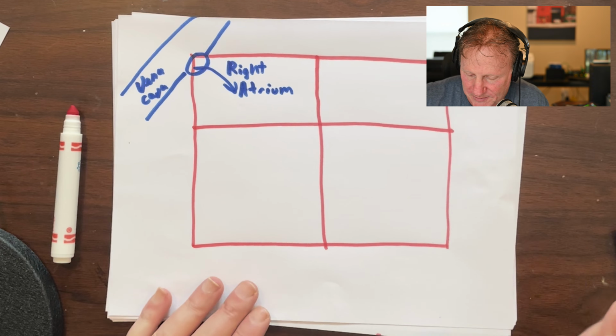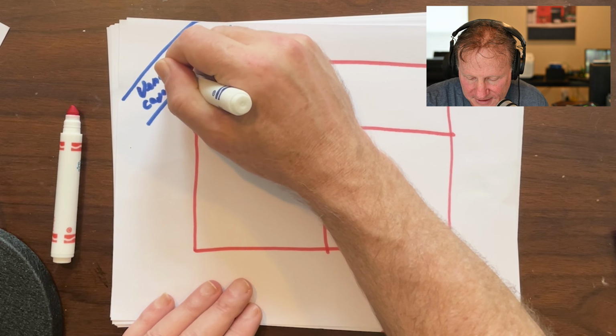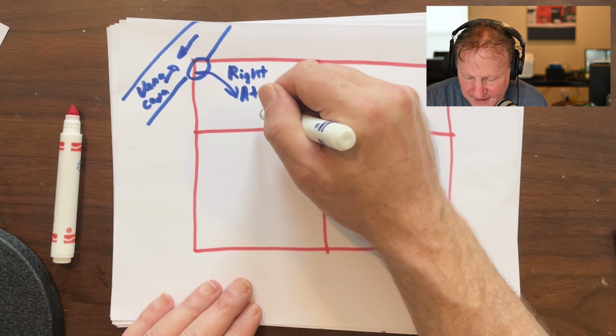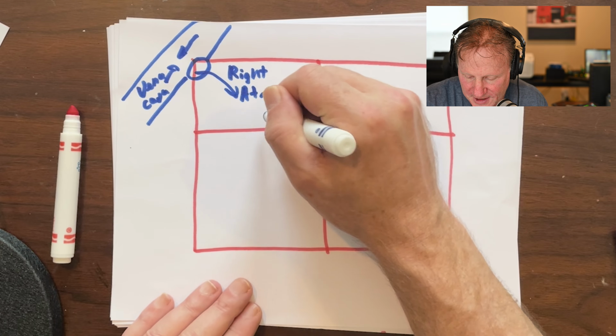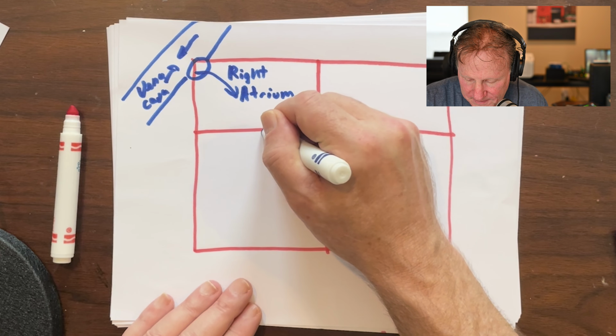Anyways, blood comes from our vein, the vena cava, and dumps right into the right atrium, right over here, and fills it up. And right over here, there's a valve.